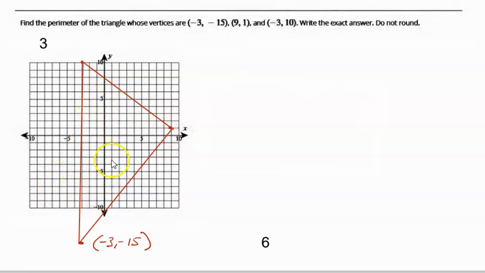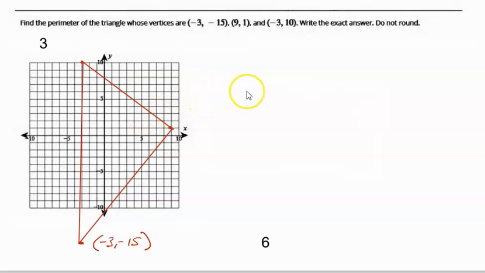All right, so there's my triangle. So you can see that all sides are different. So this is what is called a scalene triangle. If 2 sides were the same, that would be isosceles triangle. And if all 3 sides were the same, that would be, I believe, equilateral.